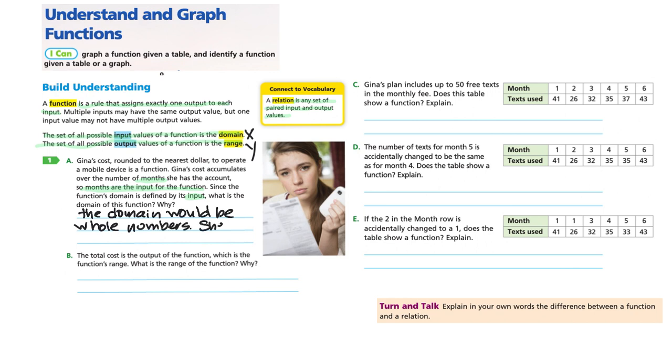So she can't have negative numbers, or they won't use half a month. They charge per month. So it couldn't be negative or decimal or fraction numbers.